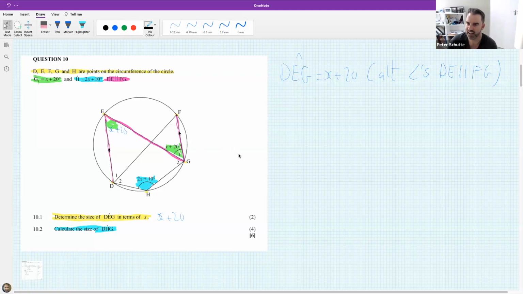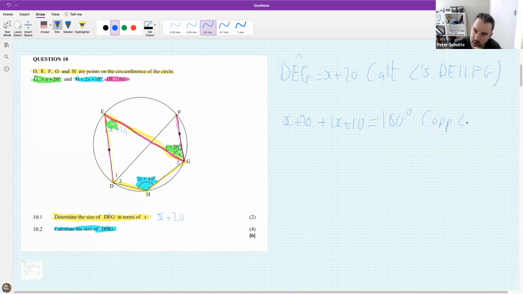Ooh, Sadiq and Orakanisa, I think you've spotted something. So what I think has been spotted is that thing over there is a cyclic quad. And what you know with a cyclic quad, so we would say x plus 20 plus 2x plus 10 equals 180.